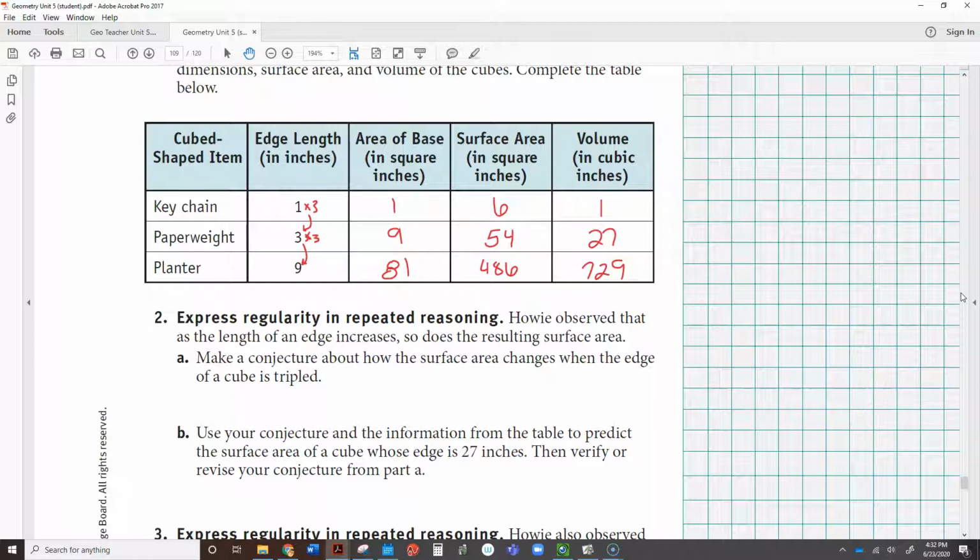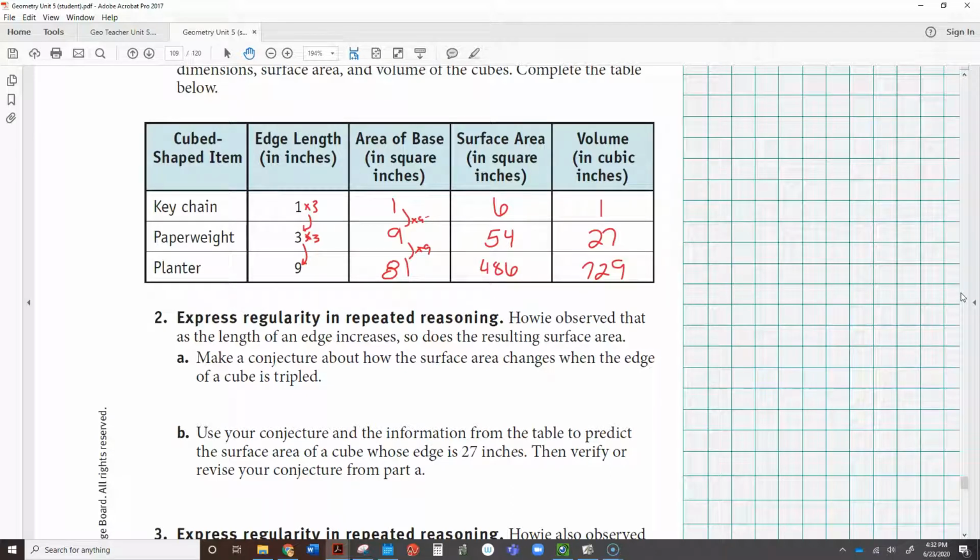Okay, what happened to the surface area? Well, this wasn't times 3, this was times 9. So is this 9 related to this 3 in any way?